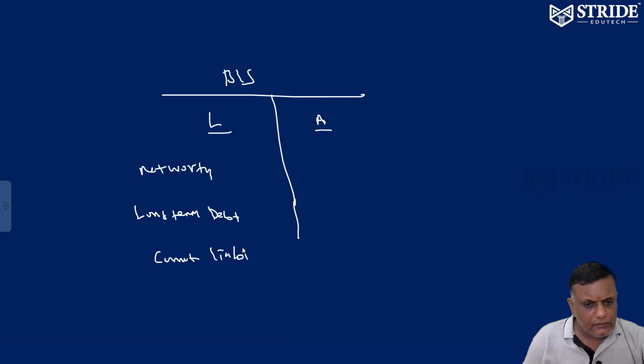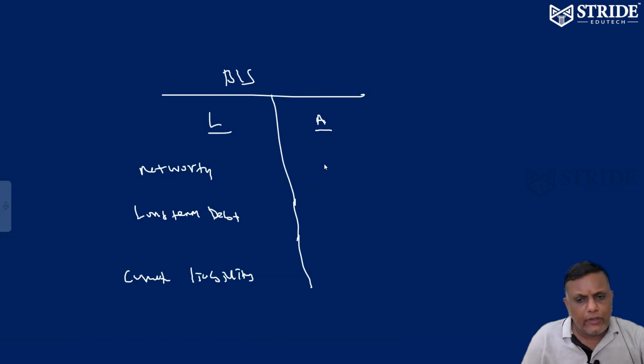Then current liability is there. Here it's going to be fixed asset. Here is going to be current asset.